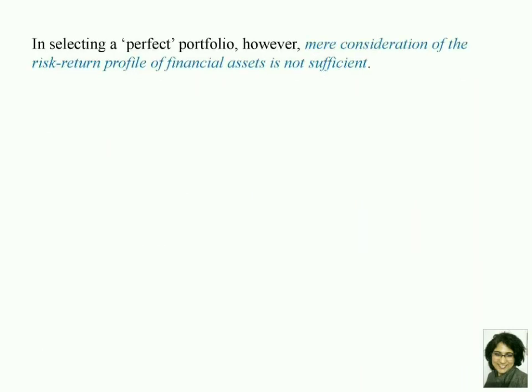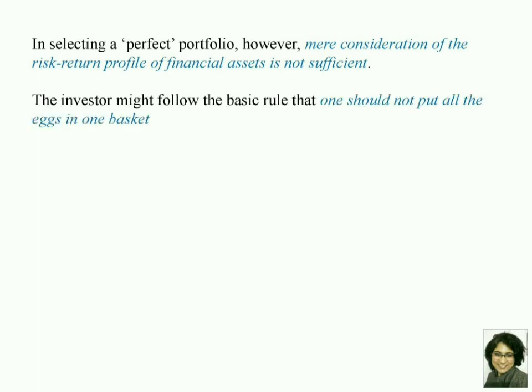In selecting a perfect portfolio, however, the consideration of the risk-return profile of financial assets is not sufficient. We should follow the basic rule that we should not put all the eggs in one basket. That is, we should not put all the wealth in a particular asset.